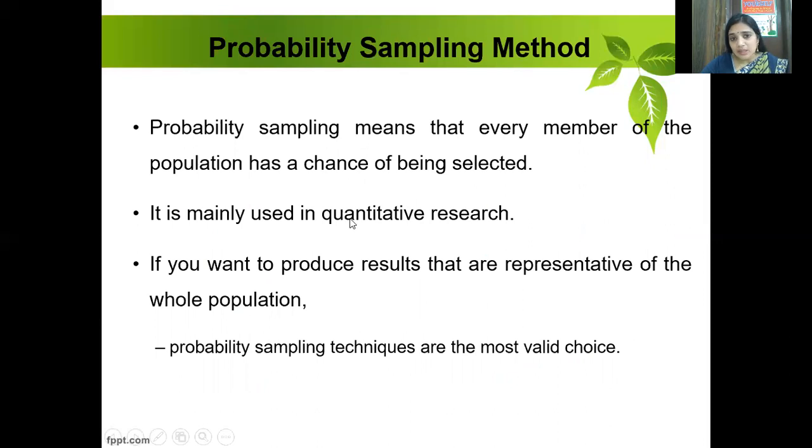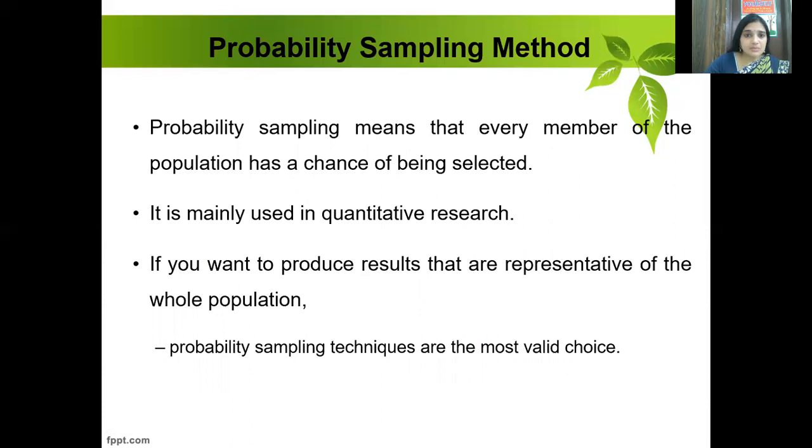More or less, quantitative research would go for probability sampling methods. If you want to produce results that are representative of the whole population, then probability sampling techniques are the most valid choice, because you are trying to choose a sample of people who might represent the whole population.